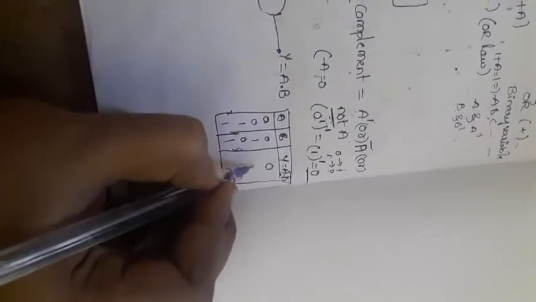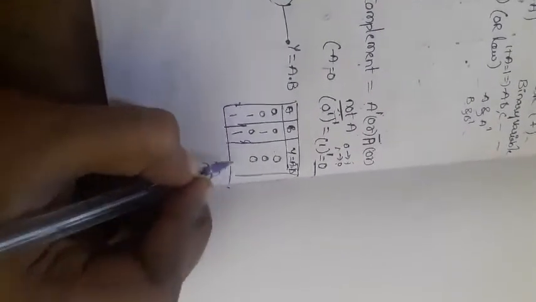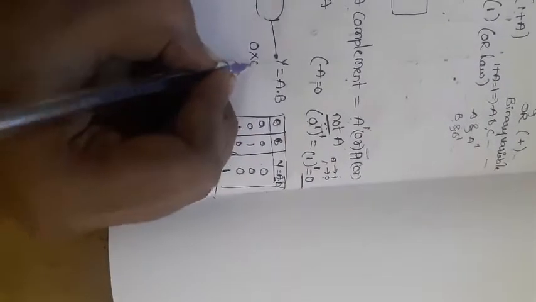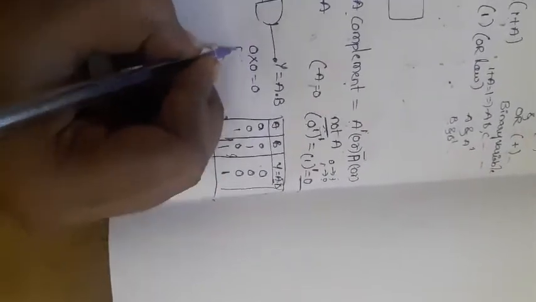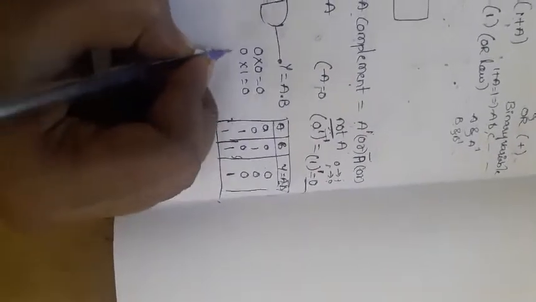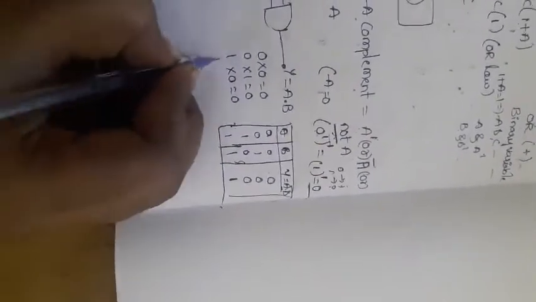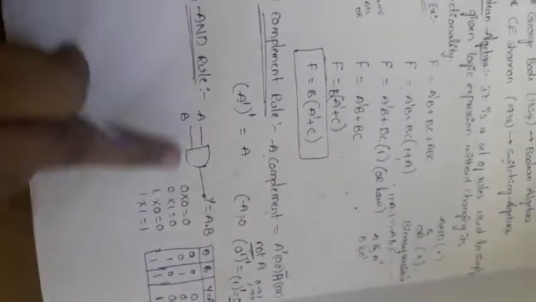The result is multiplication: 0 into 0 is 0, 0 into 1 is 0, 1 into 0 is 0, 1 into 1 is 1. So these are the 4 rules we have in the AND rule.